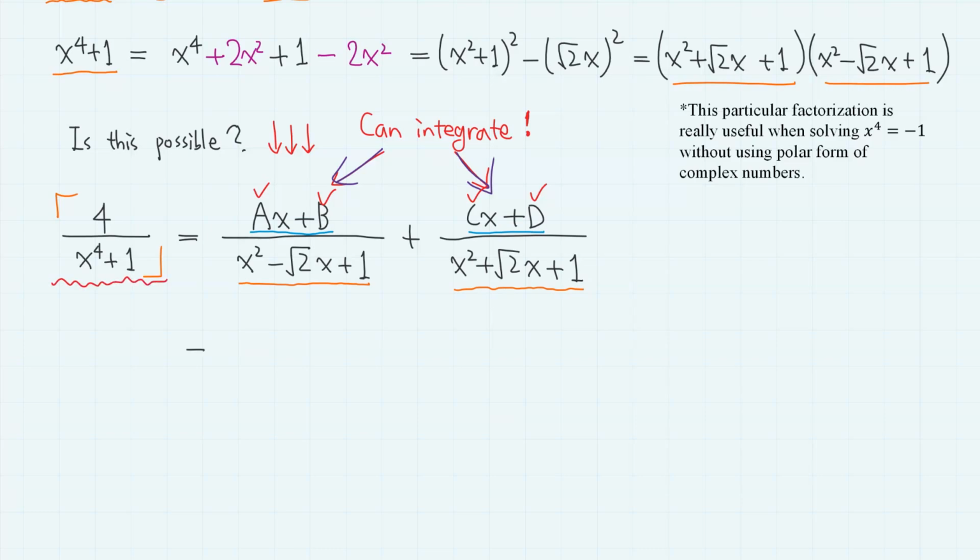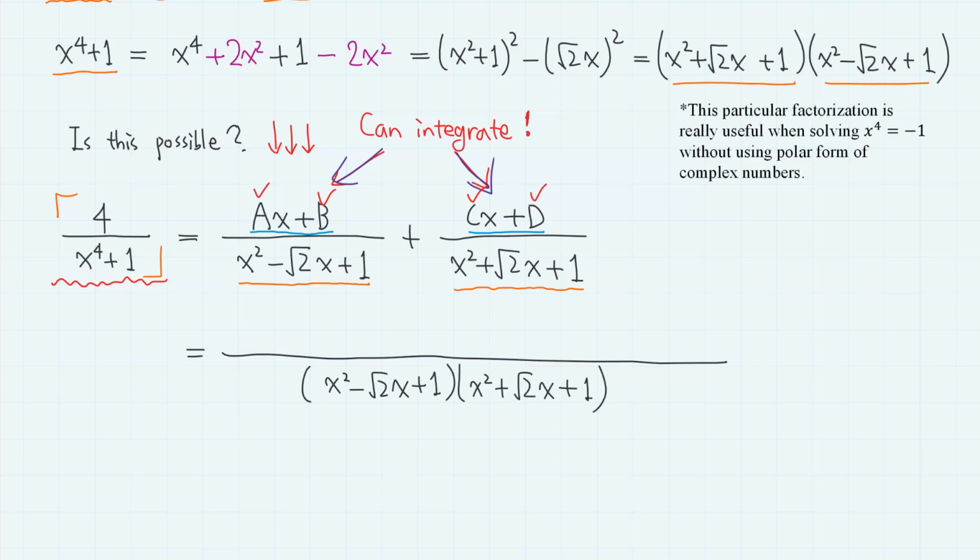In order to determine the coefficients, we reduce to the common denominator (x squared minus square root of 2 x plus 1) times (x squared plus square root of 2 x plus 1). Then on the numerator, we have (ax plus b) multiplied by (x squared plus square root of 2 x plus 1), plus (cx plus d) multiplied by (x squared minus square root of 2 x plus 1).